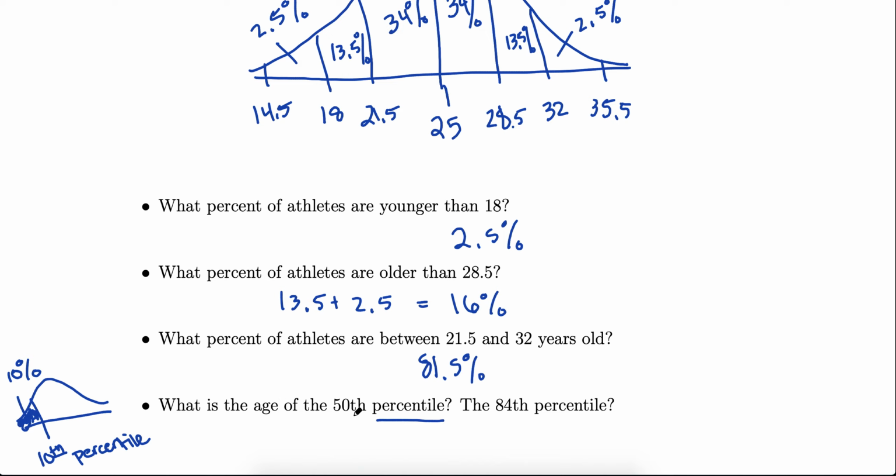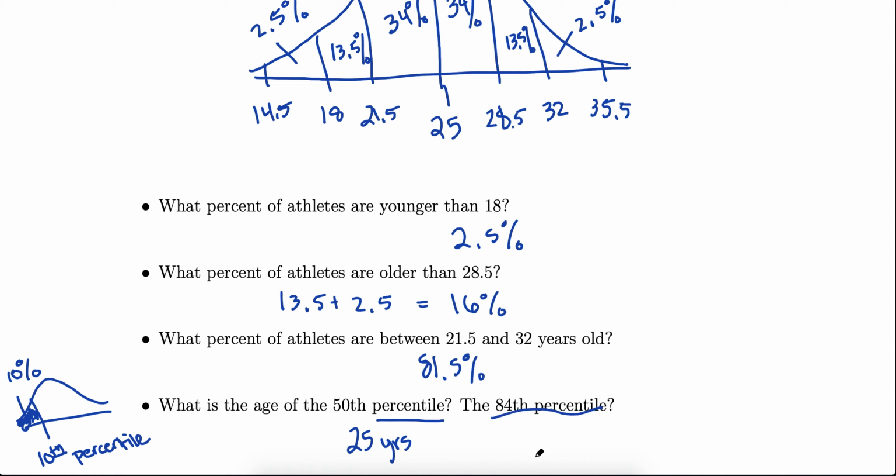Okay, so for this example, 2 parts to the question. What age is the 50th percentile? So what age has half the area below? That one should be easy. The mean, this is symmetric. So 25 years old has 50% of the area below it.